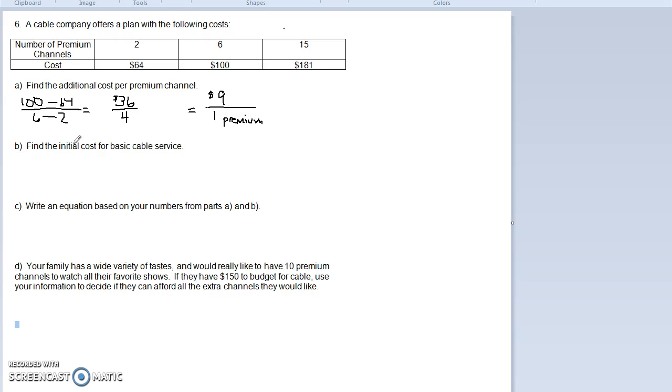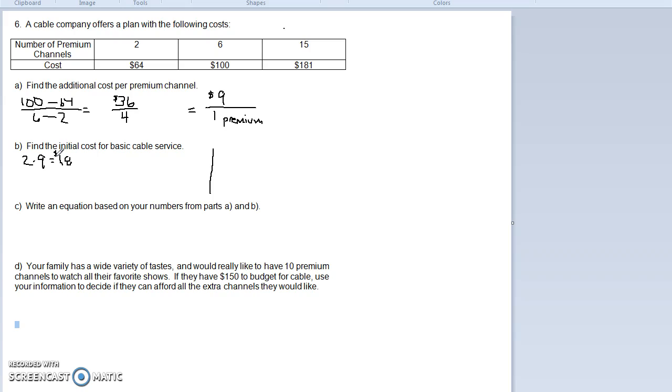Now, as far as the initial cost for basic service, there were 2 different ways that we did this. The first way is more arithmetic or algebraic, where we could say, okay, well, if this is 2 premium channels and I know they cost me $9 each, then 2 times $9 is $18. So I'm paying $18 for the 2 premium channels.